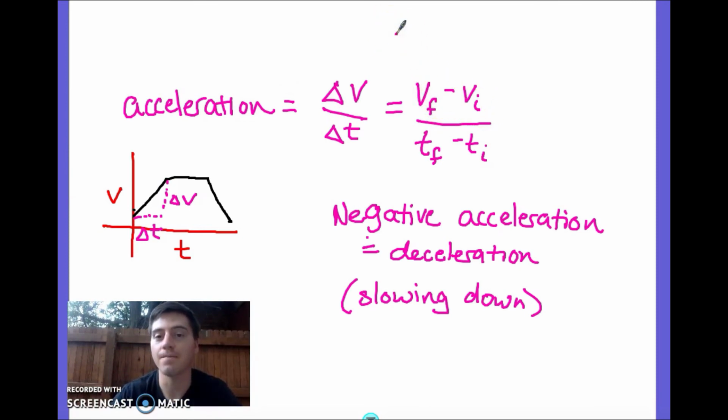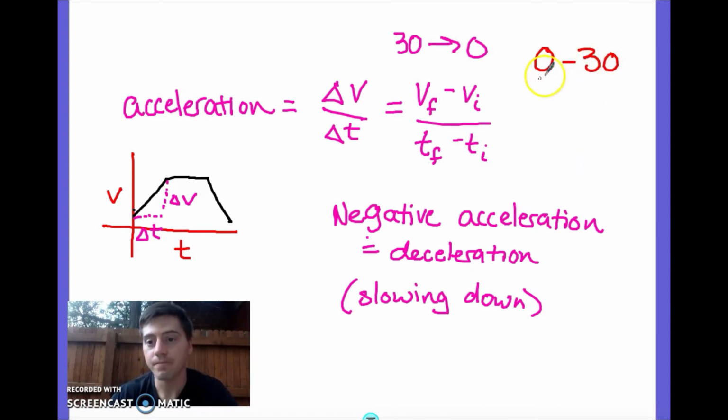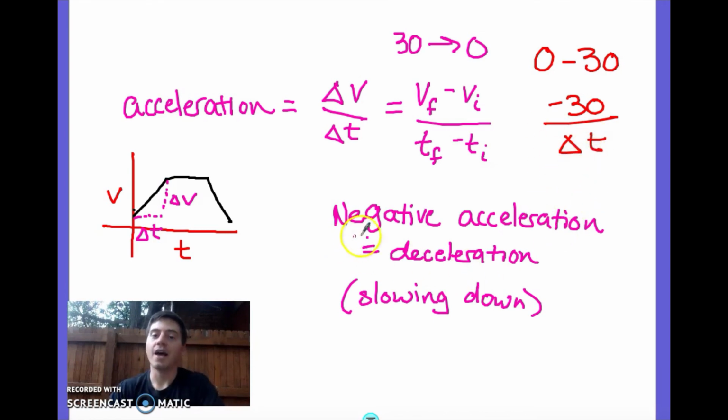So if I was going 30 and then I ended up at 0 to keep from hitting him, my final is 0 minus my initial of 30, and I now have a minus 30 over however much time it took me. A negative acceleration is just slowing down, and it'll show up as a negative slope on a velocity graph.